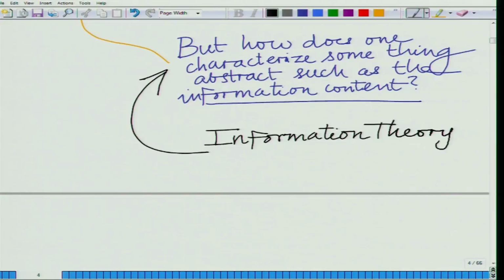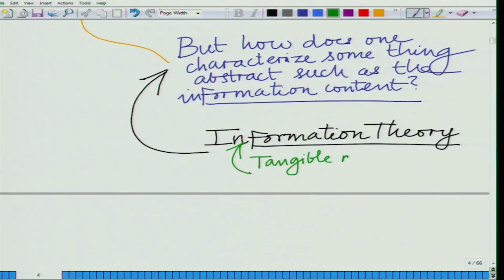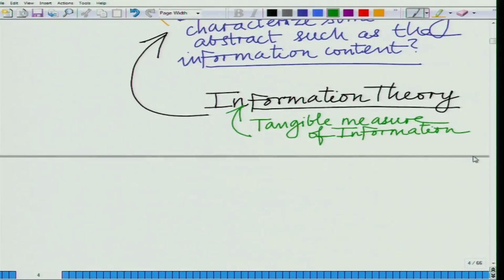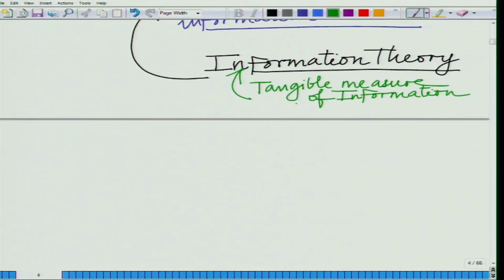Information theory provides a tangible measure so that you can precisely characterize the information of one source versus the other. So naturally, this provides us a mathematical framework. Okay. So, information theory is a mathematical framework.